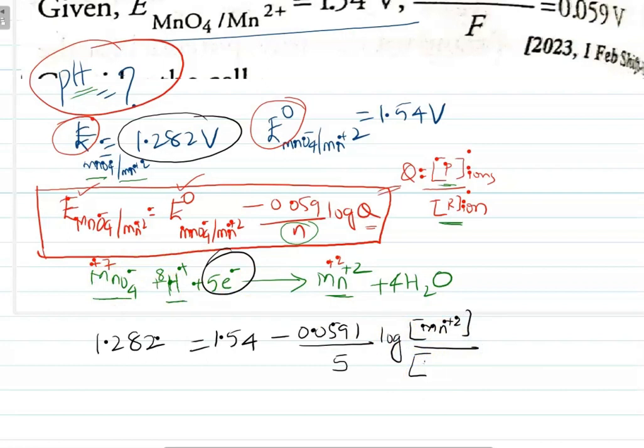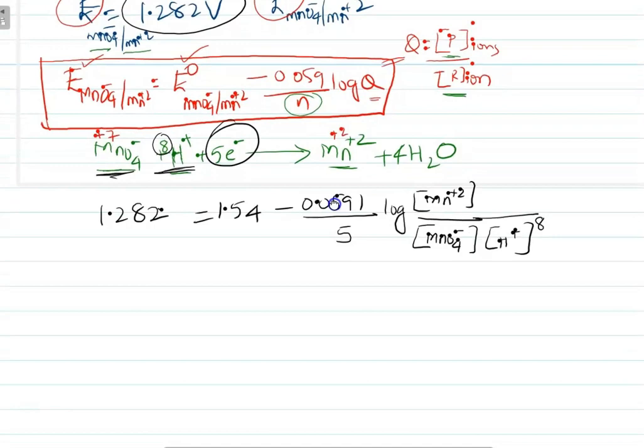What are the reactant ions? MnO4 minus and H plus, the ions present in the reactants, raised to the stoichiometric coefficient, which is 1. So 1, again 1. For H plus the stoichiometric coefficient is 8, so that is raised to the power of 8.